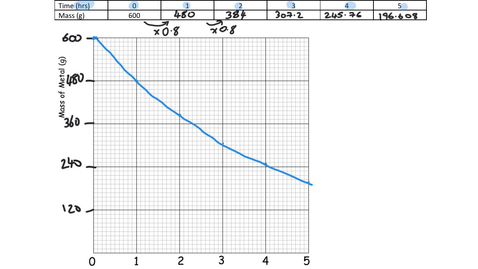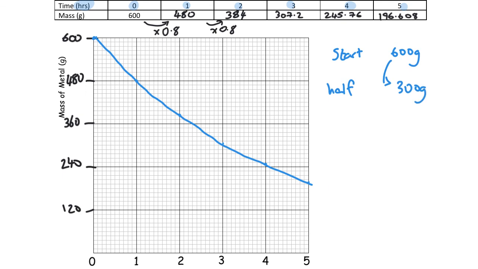The last part was to use the graph to estimate how long it takes for the half-life to decay. Initially, at the start, there were 600 grams. For half-life, we need to see how long it takes to halve. So if you get 600 initially, there's going to be 300 grams for a half.